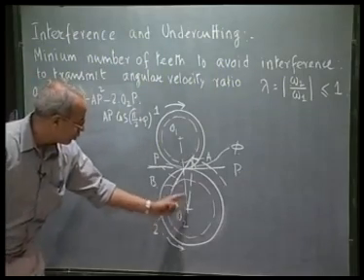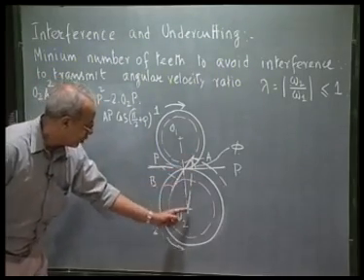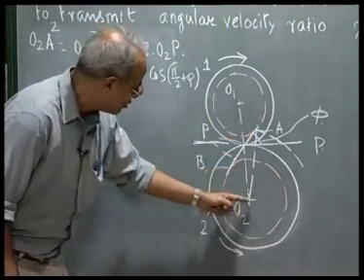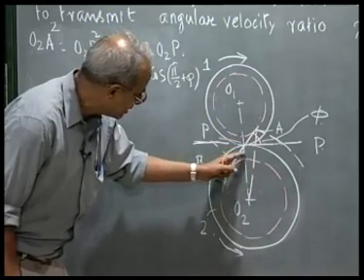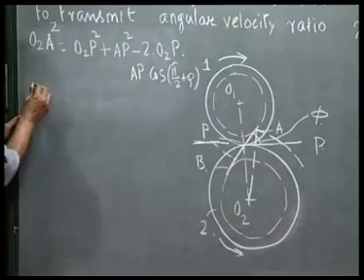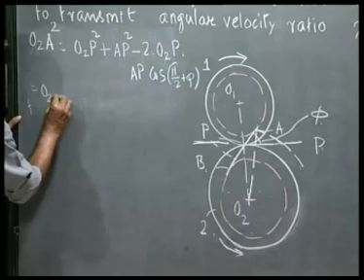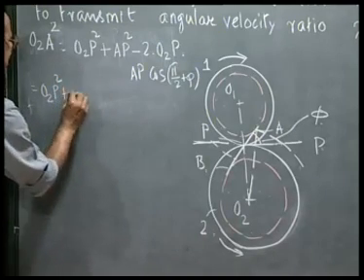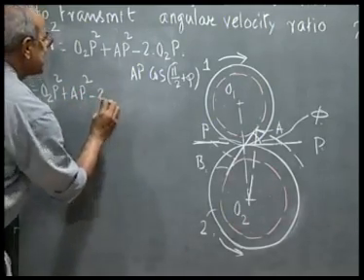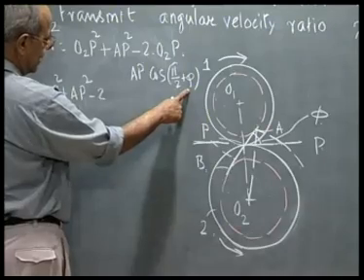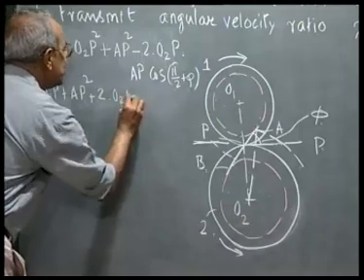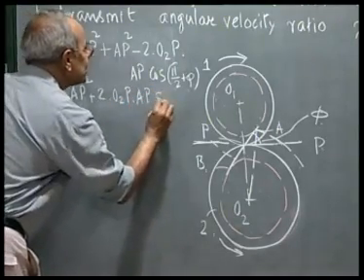So this I write O2P squared plus AP squared minus twice cosine pi by 2 plus phi, which is minus sin phi. So I get plus 2 O2P into AP into sin phi.